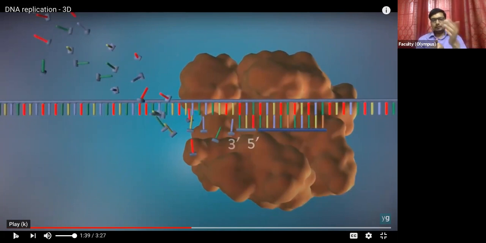Like that, in this video you have seen something called primase, another enzyme. Here you don't have to focus too much on the enzyme, just know the concept. The concept is that a small stretch of nucleotides has to be present. Unless this nucleotide stretch, which is called a primer because it primes the process of DNA replication, is made, DNA polymerase cannot add new nucleotides.